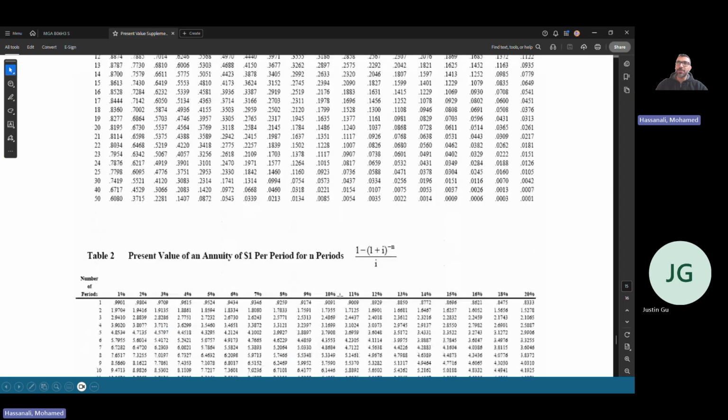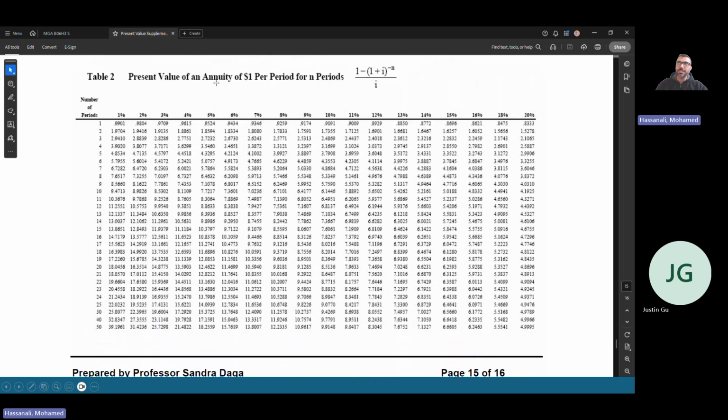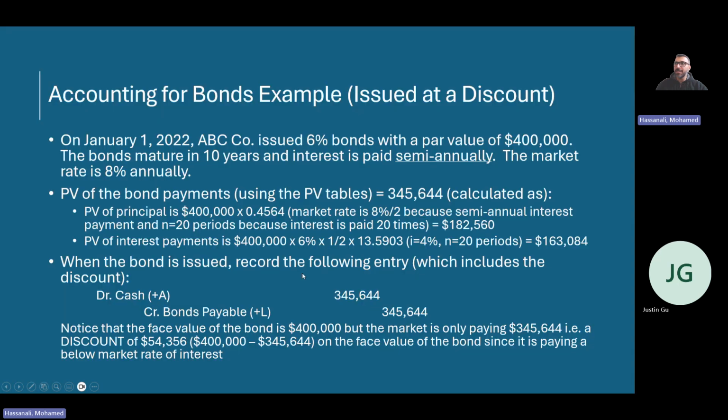So we go back now to the second table because this is the interest, so we're dealing with the annuity. 4%, 20 gives you 13.5903. Hopefully I got that right. Yes, 13.5903. So you take each interest payment times 13.5903, which gives you $163,084.